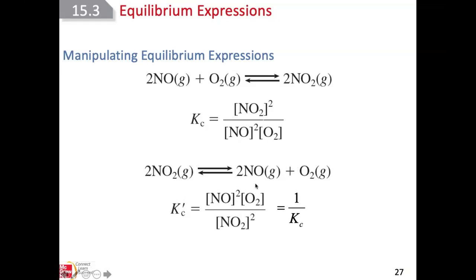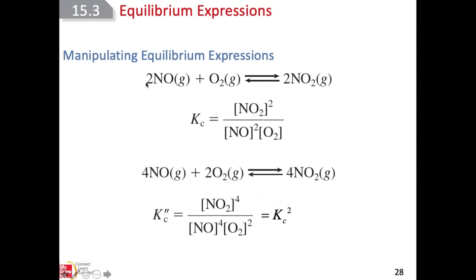We write it down as the concentration of the products over the concentration of the reactants. If you compare K prime c with the Kc, you'll see that K prime c equals 1 over Kc. So it's the reciprocal of the Kc for the forward reaction. If you're reversing a reaction, you take 1 and divide by the Kc for the forward reaction to get the Kc for the reverse reaction.